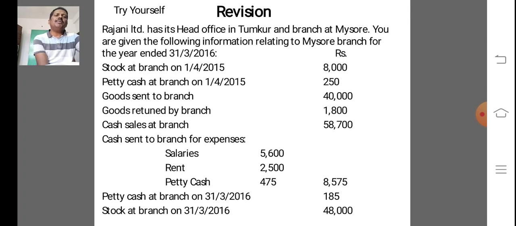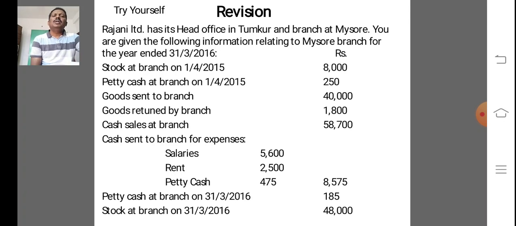Petty cash at branch on 1/4/2015, 250. Goods sent to branch 40,000. Goods returned by branch 1,800. Cash sales at branch 58,700. Cash sent to branch for expenses: salary 5,600, rent 2,500, petty cash 475. The total is 8,575.